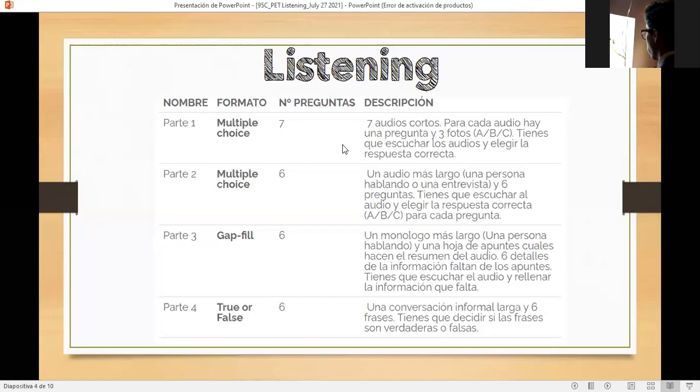Okay, guys, so as I told you previously, today we're going to focus on listening, just part 1 and part 2. As you can see here, we have the 4 parts of the listening section. And let's start just with listening part 1 and part 2, okay? So how is it going to be?